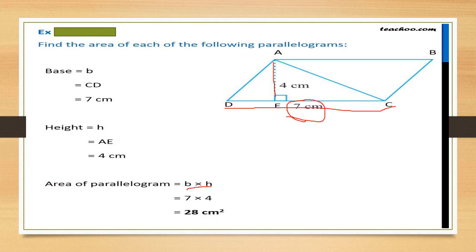This AF is the height of the parallelogram. Height is equal to 4 centimeter. Area of parallelogram formula is base into height. Base is 7, height is 4. 7 into 4, 28 centimeter square. So what is the unit of area? Centimeter square or square centimeter. Right. Next.